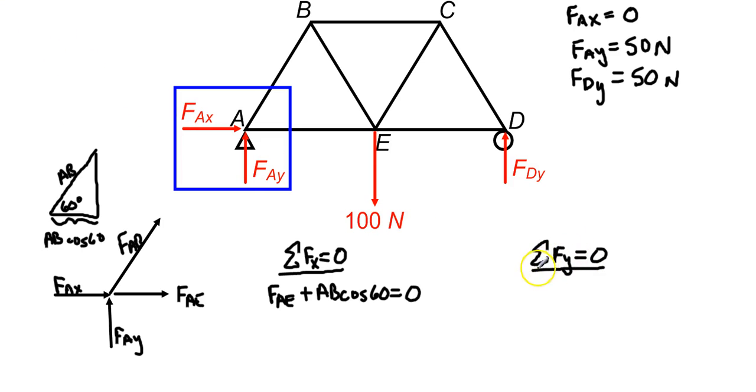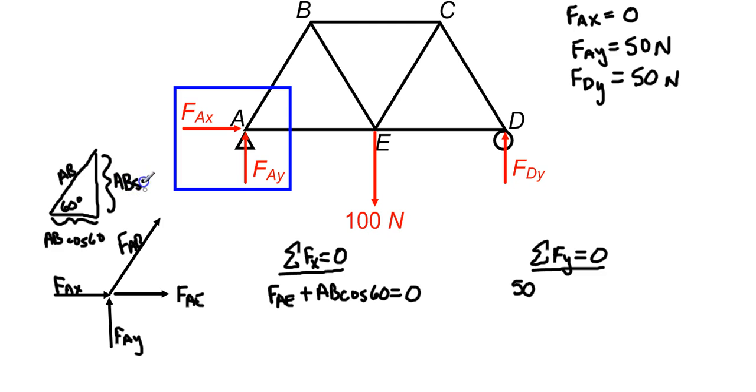Alright, sum of the forces in the Y direction. We've got FAY, which we have a value for solved. That's an external force. We solved for that. That's 50 newtons. We've got the Y component of AB. So we need to come up with an expression for that. This is a 60-degree angle. That's the opposite compared to the adjacent. So that's the sine function.